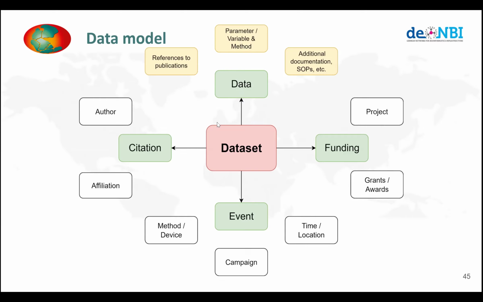There's a reference list attached to almost each dataset that can be used to cross-link to the respective paper publications and other relevant references used in that dataset. And there can be links to all kinds of further documentation like standard operating procedures and many more.